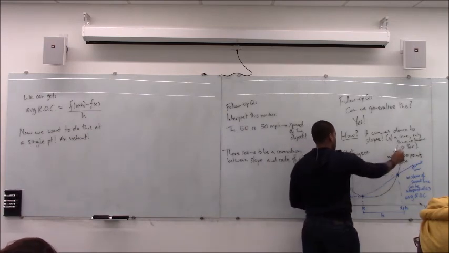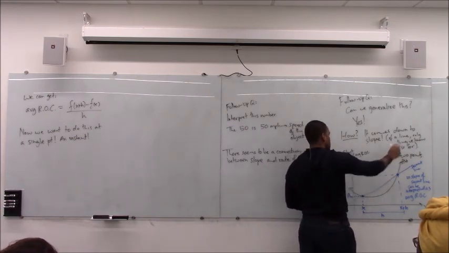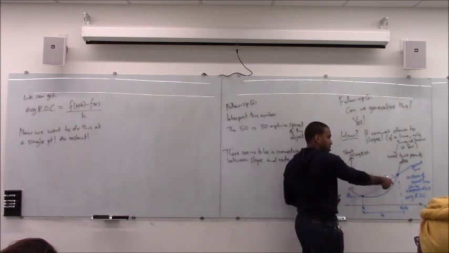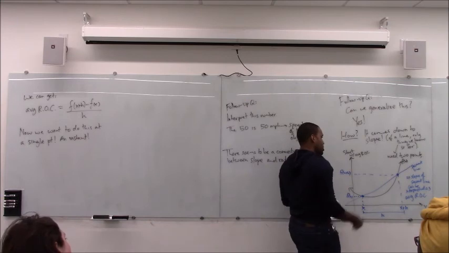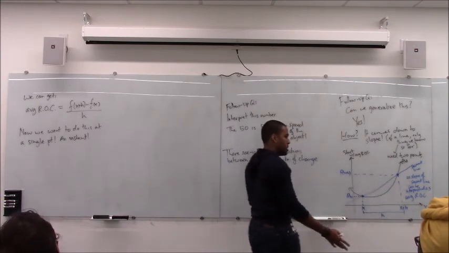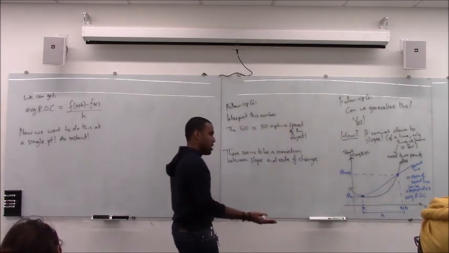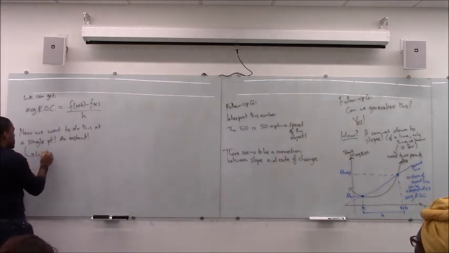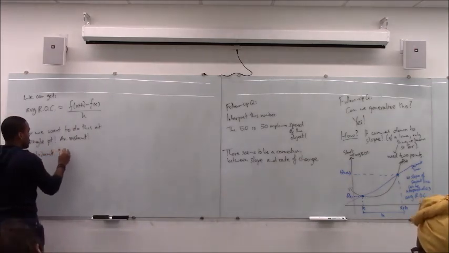That's going to allow me to discover how fast is this object moving over time. I can know at this time how fast we're going, at that time how fast we're going, at this time how fast we're going. We want to be able to point at any point in time and say, how fast are we moving right now, right? So this means we want something that's called instantaneous rate of change.